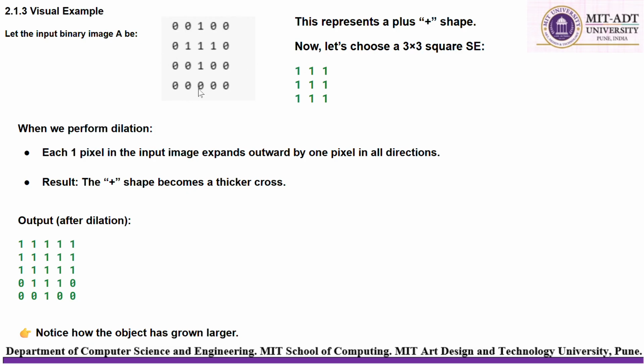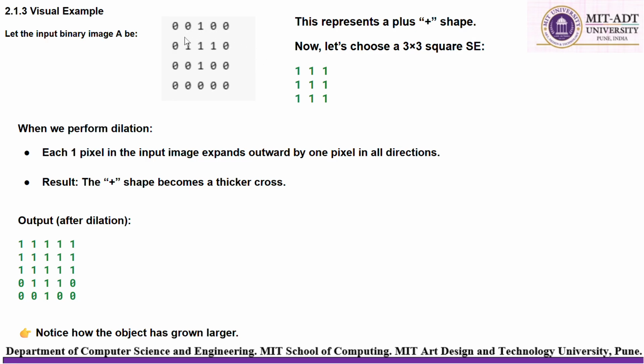So consider, suppose I am having this image. Let us say I am having this input binary image A denoted with certain zeros and ones in it. These objects are wherever the pixels have one. If I visualize it, it appears as a plus symbol, right? So this image denotes an object with a plus shape.